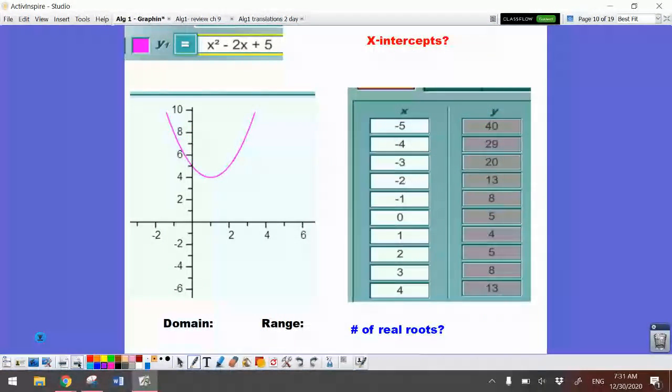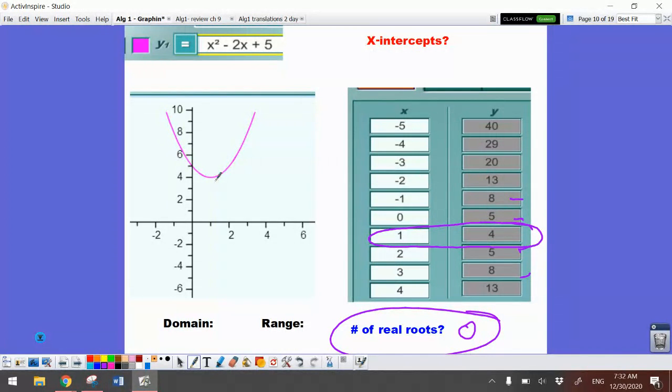All right, let's see if we can do this one and see what's happening on this one. So do I have any roots this time? Yeah, no, I don't have any roots. So that's out. If I take a look at this, do you see your vertex in your table? Well, hopefully you see that you have duplicate numbers and you see that this right here is the turnaround, okay?